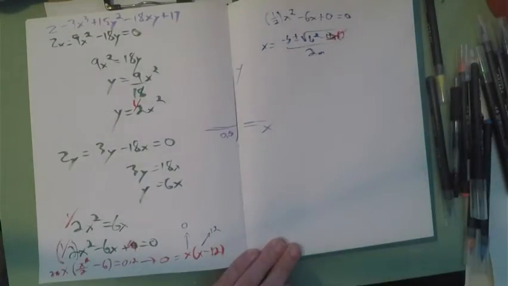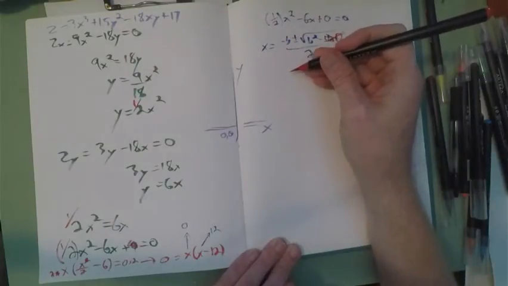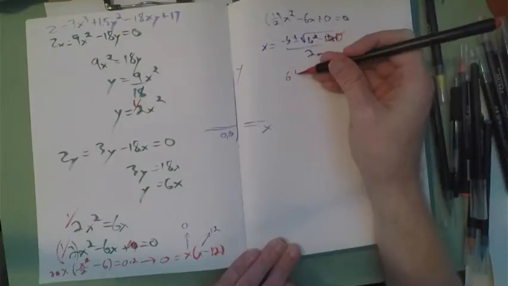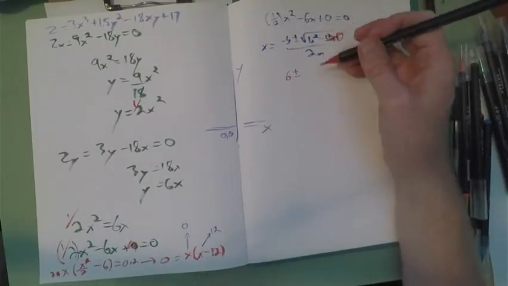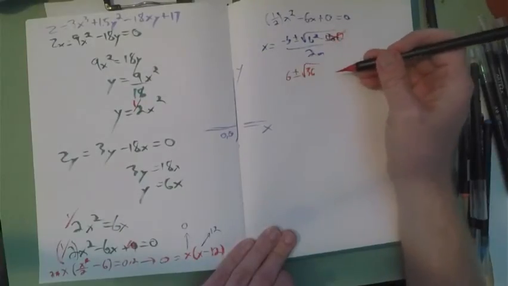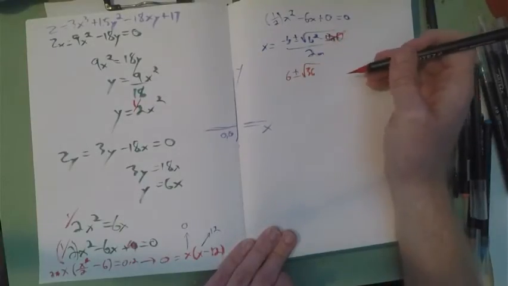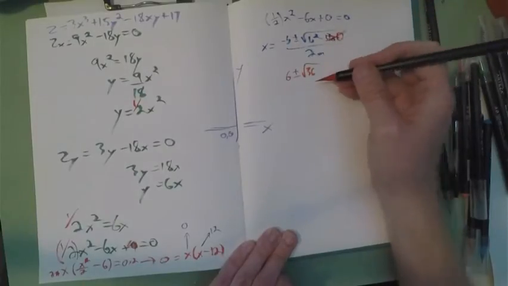All right, b squared. Well, b is negative 6, so we've got negative 6, so that's a positive 6, give or take b squared, so negative 6 times negative 6 gives us a positive 36. Oh, look at that. The square root of 36 is 6. 36 minus 0 is 36.